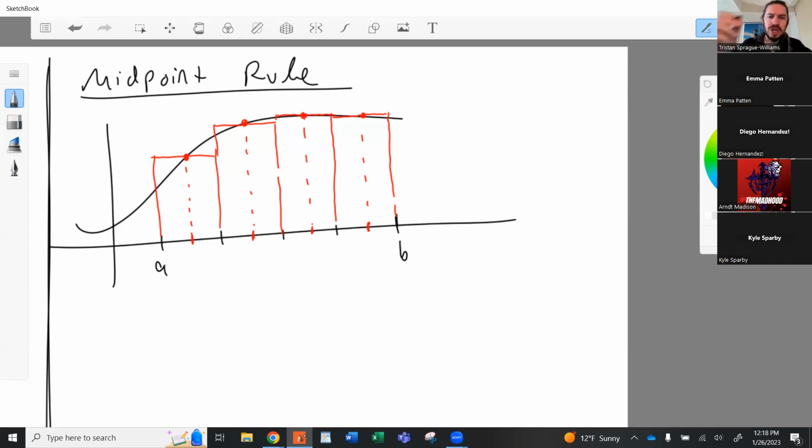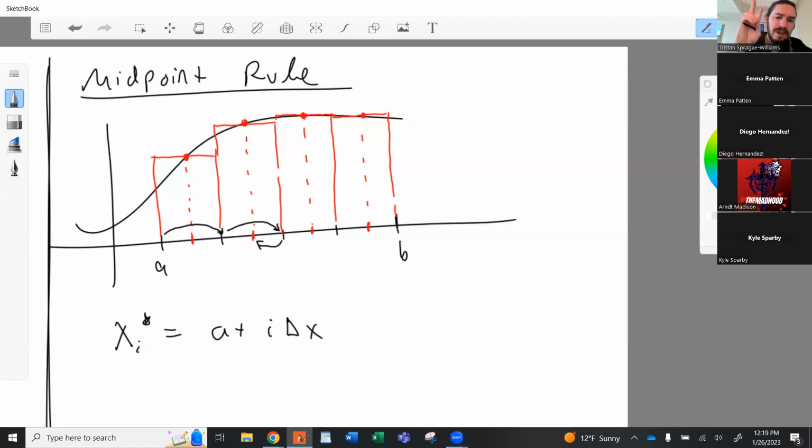So how can we adjust our formula? For x_i star, instead of doing a plus i delta x, which gives us a right-hand endpoint, what you want to do is add delta x some number of times, but then subtract 1/2 of a delta x.